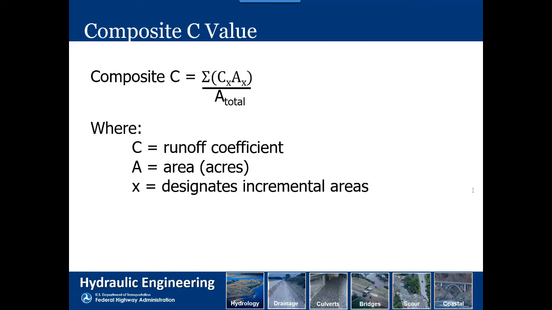So you find out what the coefficient is for the particular area you're looking at, maybe single-family homes at 0.5, and then you figure out the area of that coefficient area. You multiply those two together, and then you look at your streets, find out the area, multiply those two together, add them up, and then divide by the total area.